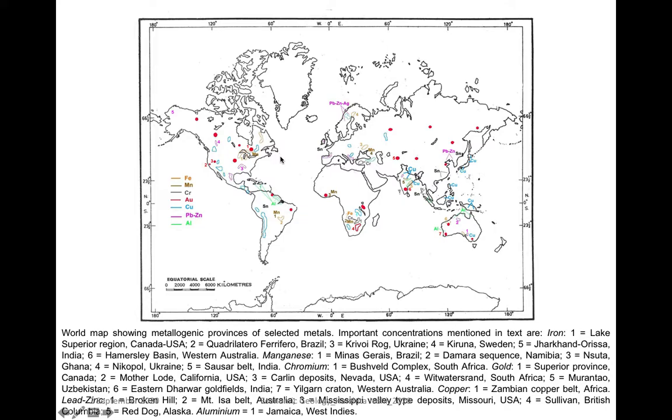So, here you are seeing a world map which is showing the presence of various elements, or I should say metals. See, iron, gold and other elements are seen spread all over the world in different places.